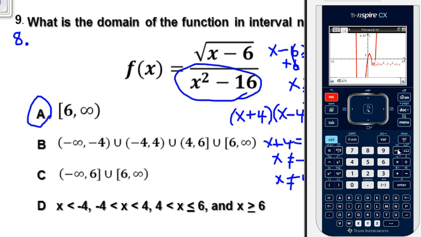I want to go to this key right here, and we have a fraction as the first one, and in our upper fraction we're going to put the square root, which is control that, and we're going to put x minus 6 in the numerator under the square root sign, and then we go down here and we're going to put x squared minus 16.